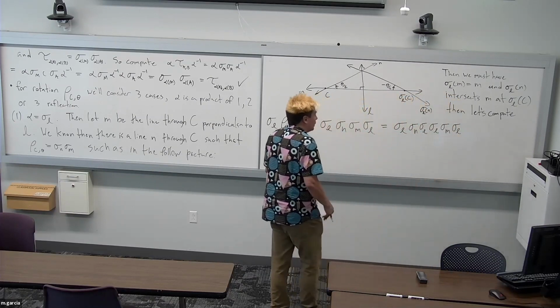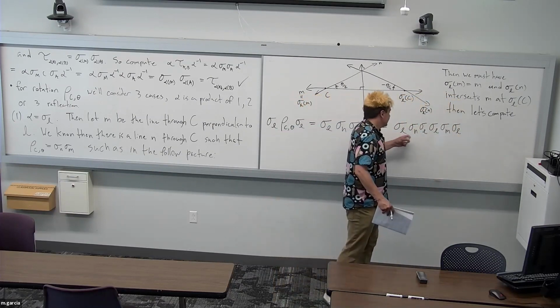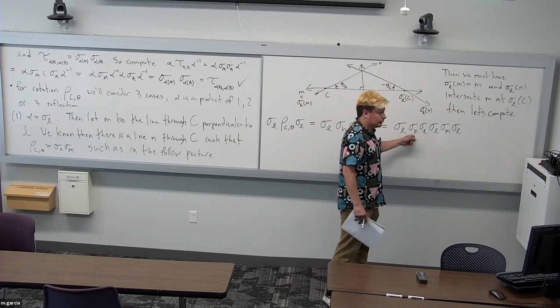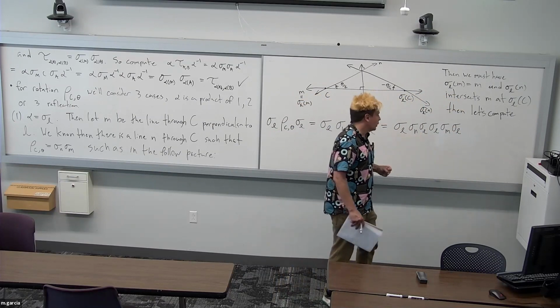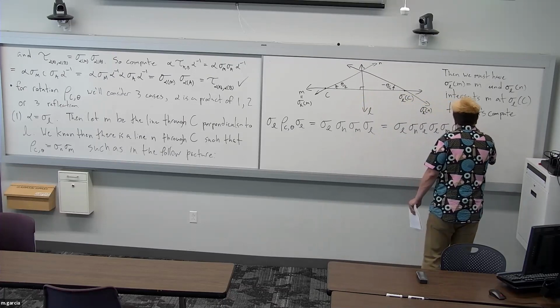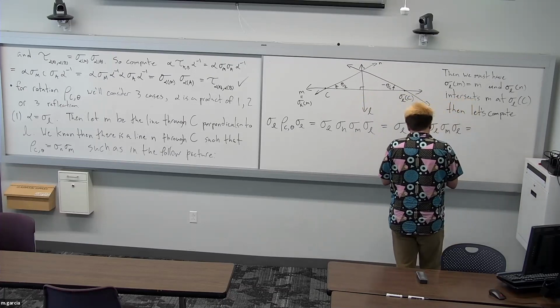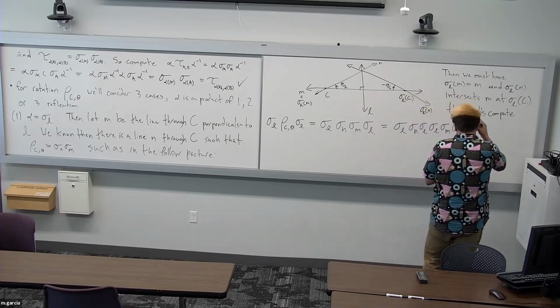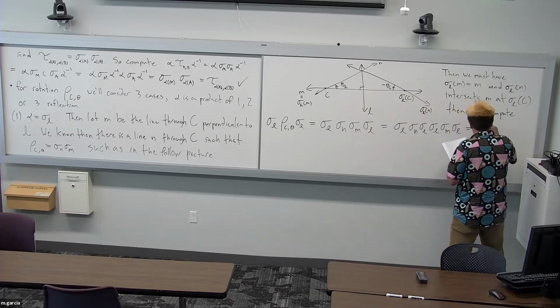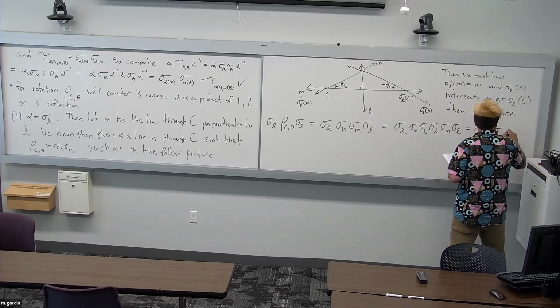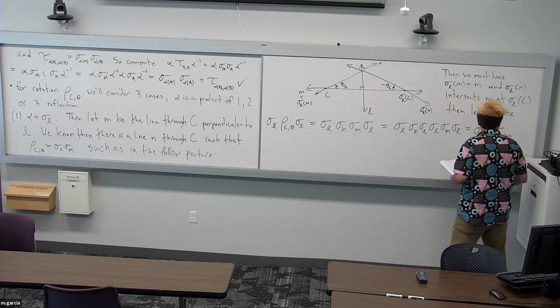So now we're conjugating reflections, which is something we already know how to do. Right? So what does this give us? This gives us sigma sub sigma L of N times sigma sub sigma L of M.